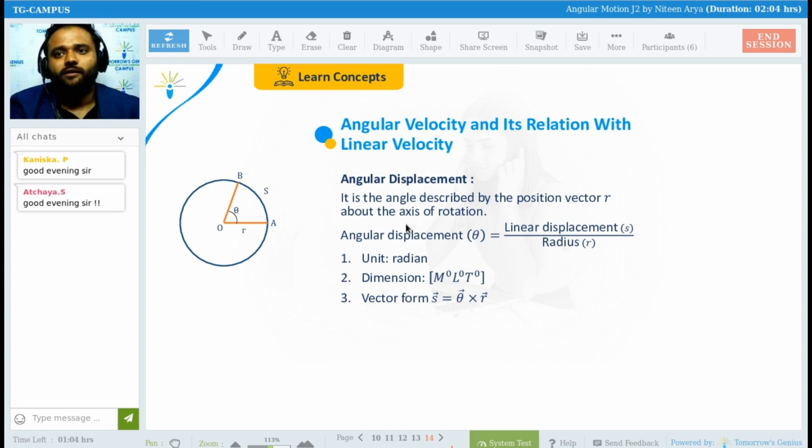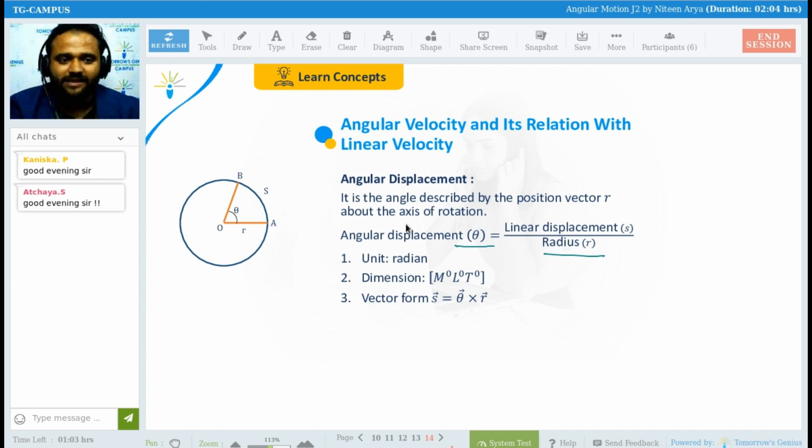Whenever any body or object is moving in a circular motion, or rotating around an axis, that motion occurs in a circular manner. In circular motion there is a relation between angular displacement, which is an angle, and linear displacement, which is arc length divided by radius r.